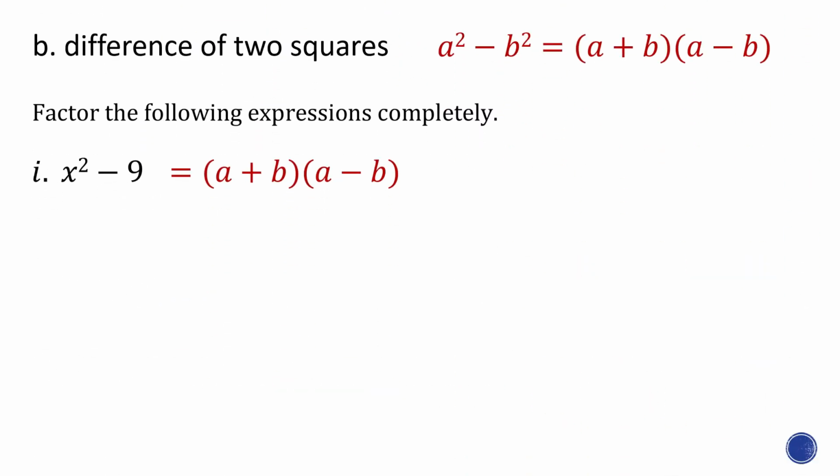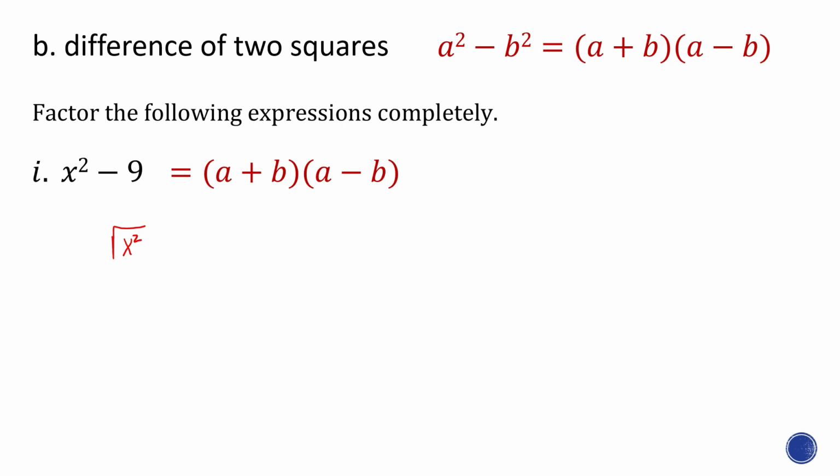The first one is x squared minus 9. Obviously we can see that there's a minus sign, so let's see if we can apply the formula here, which is a plus b times a minus b. What is the square root of x squared? Well, the exponent is an even number, and that's what I told you earlier.